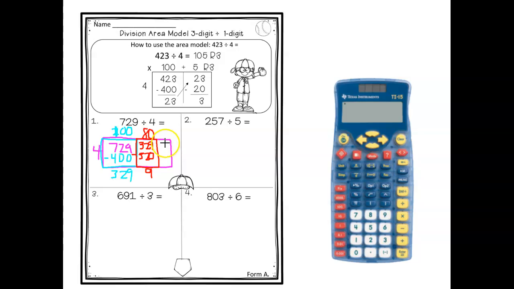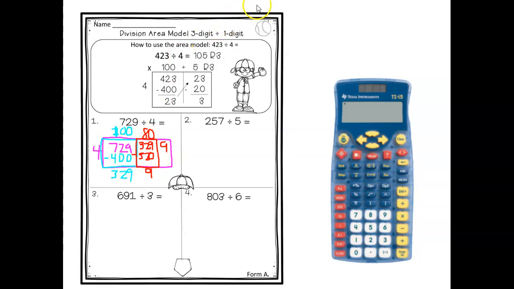I still have 9 left in my area, so I'm going to put a 9 here. And by the way, if you run out of room on your rectangle, you can just simply extend it. It's not really cheating, you're in control of the rectangle, so we just want the whole entire rectangle to be 729. So if you have to extend this just to give yourself a little bit of room, that's fine. I'm even doing it on a computer, and it's tricky enough for me. It should be a lot easier with paper and pencil.